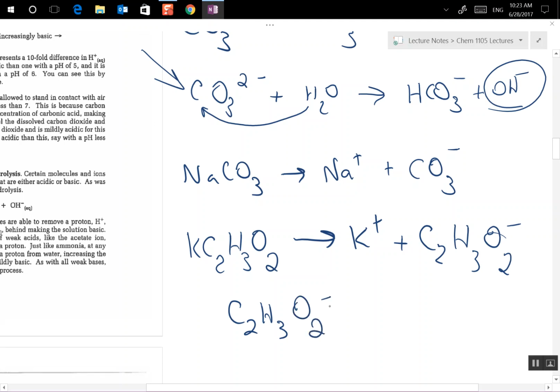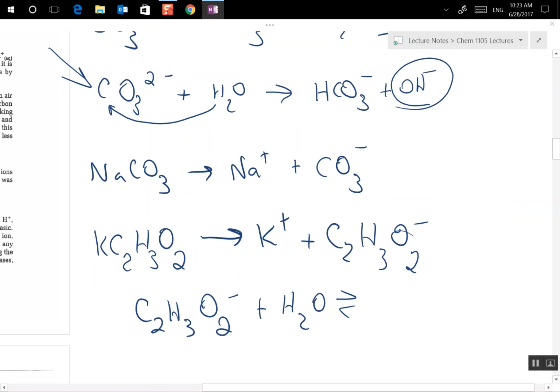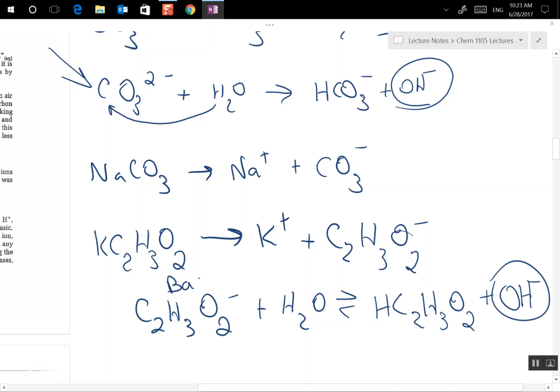C2H3O2 minus reacts with water in solution and it produces acetic acid plus OH minus. So it's producing the OH minus in solution. So it is a base. So you would predict the pH to be what? Greater than 7. Greater than 7.